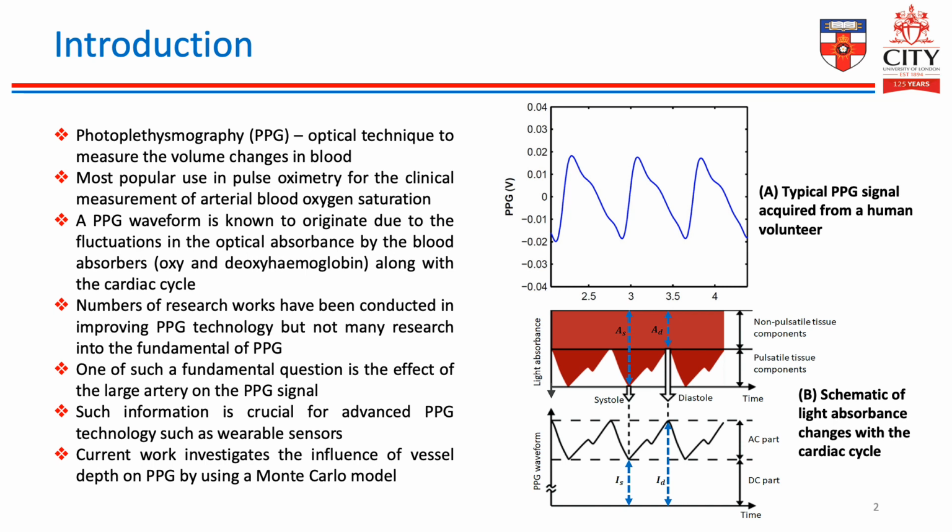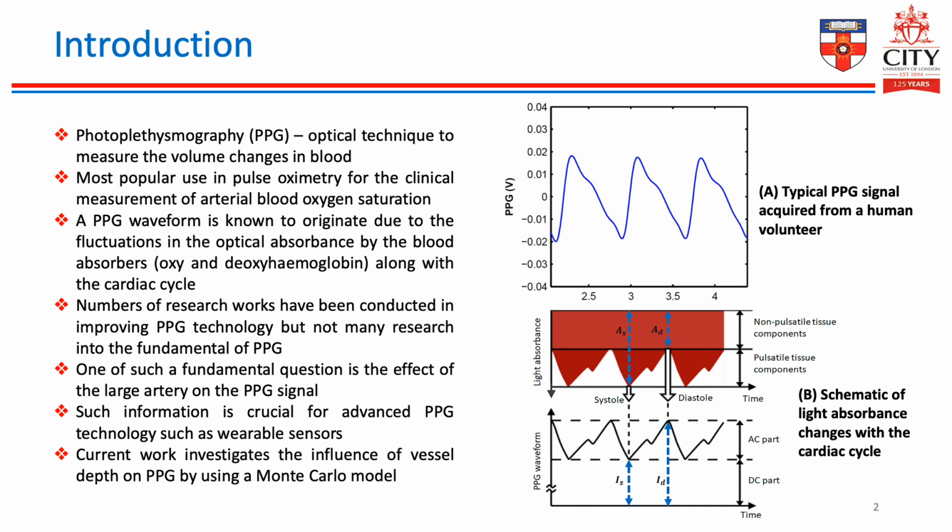Now, in the recent past, there have been a lot of studies which are focused on the improvement of PPG technology, acquiring signals from very complicated places to have higher signal quality, to reduce the motion artifact, to improve the signal to noise ratio, etc. But the fundamental aspects of PPG have not been very well investigated.